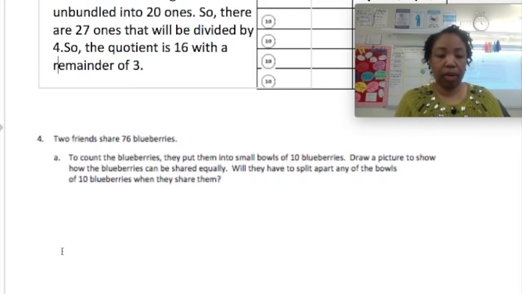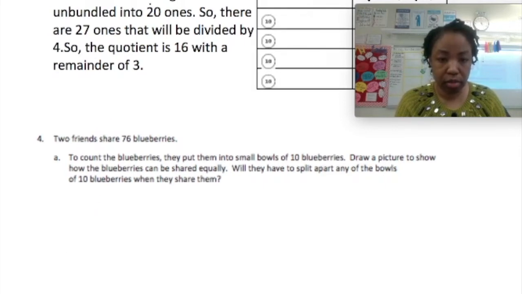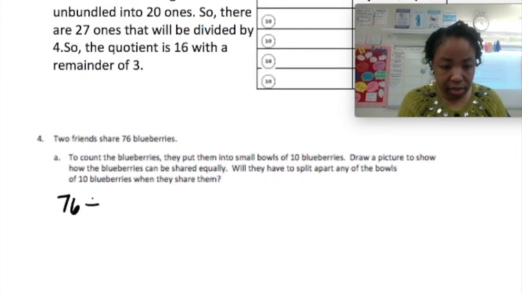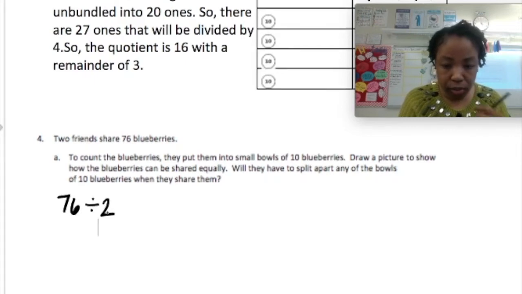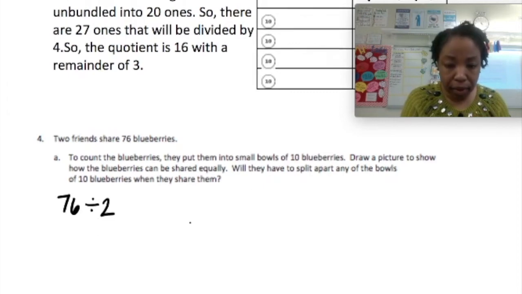So we have 2 friends sharing 76. So that's 76 divided by 2. They tell us that they put them into small bowls of 10 blueberries.